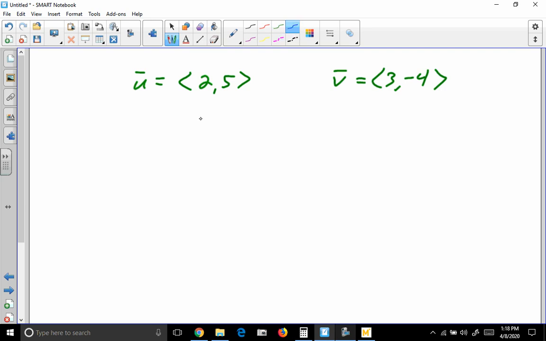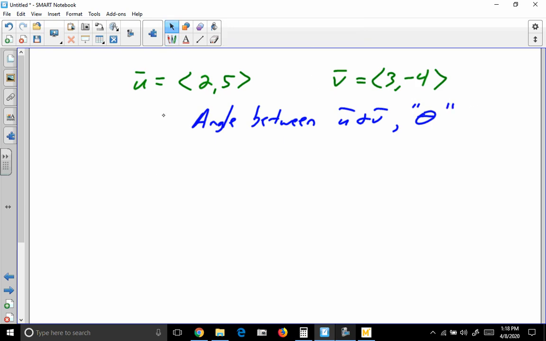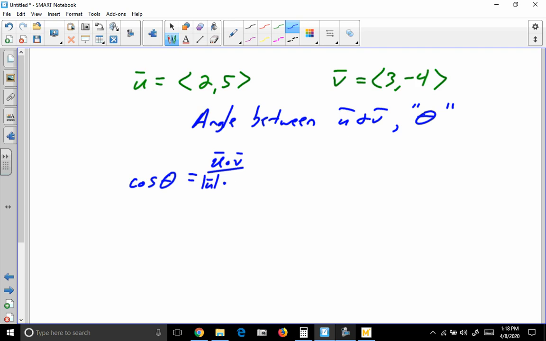Then in order to get the angle between them, and we'll call that angle between u and v theta, the formula is cosine of angle theta is u dot v over the magnitude of u times the magnitude of v. So we need a couple of things. We need their dot products.